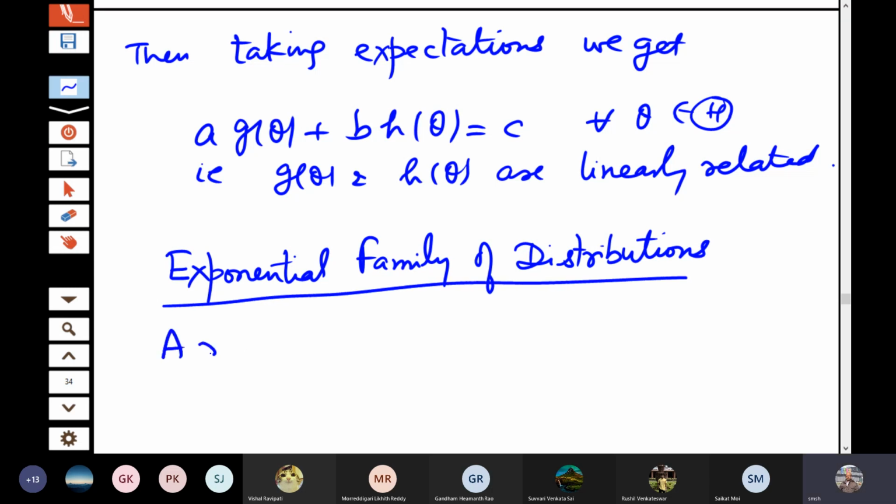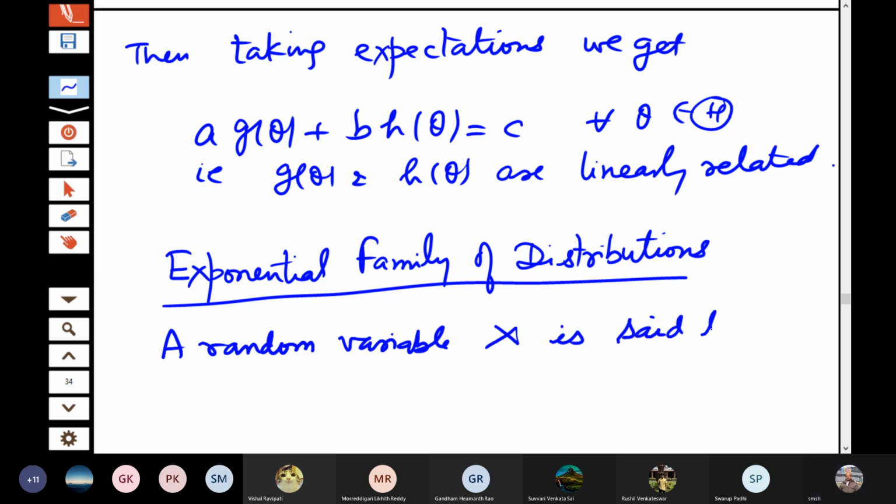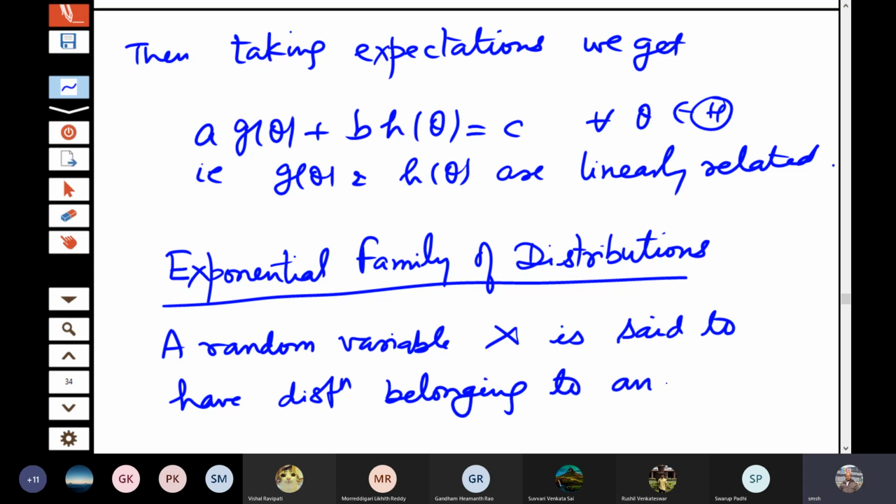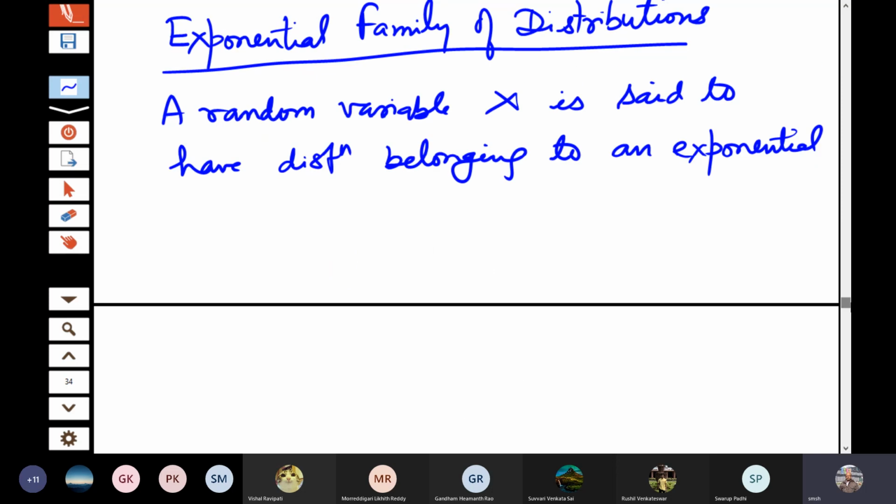A random variable X is said to have a distribution belonging to an exponential family. Note here that I am not calling it exponential distribution. This is exponential family. Okay, so this is a bigger terminology.